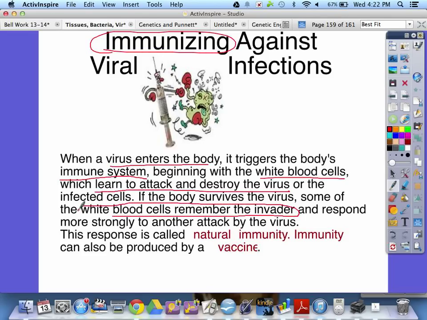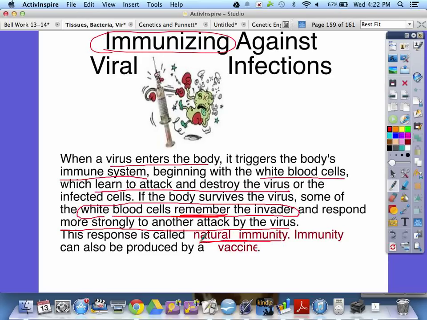Here's your key part: they'll remember that virus and respond more strongly to another attack the next time you come in contact with it. This is called natural immunity, which is why a lot of people only get chickenpox once. They come in contact with it, get sick, and when they come in contact with it a second time, they're able to naturally immunize themselves against it.